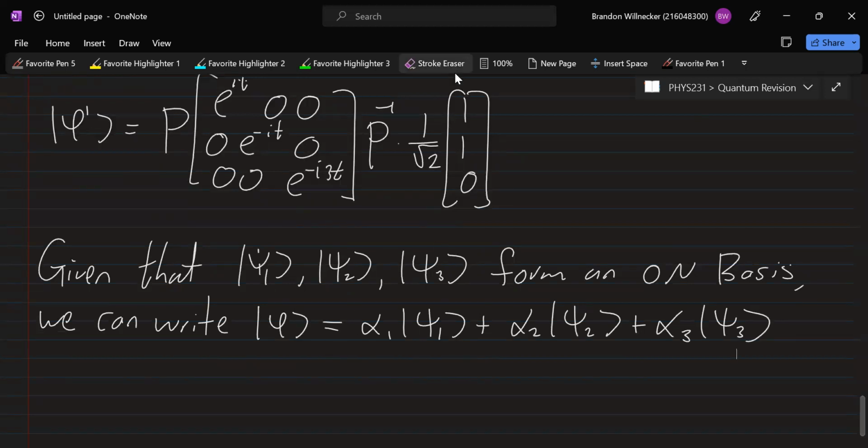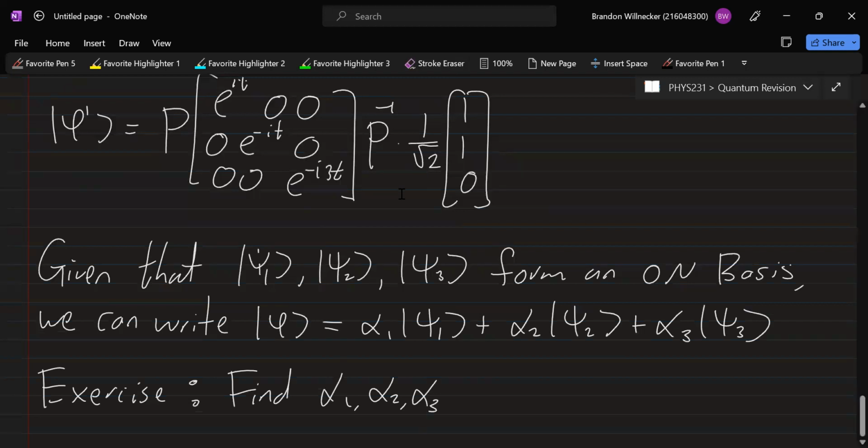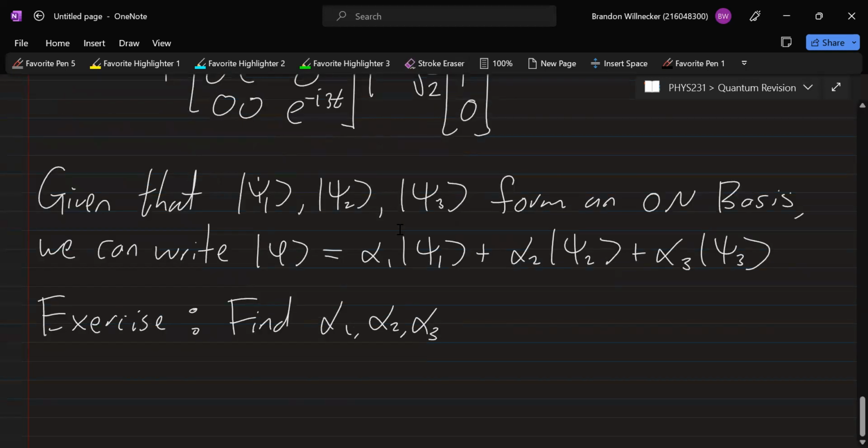I'll leave it as an exercise to find alpha 1, alpha 2, alpha 3. And I'll give you the solutions.